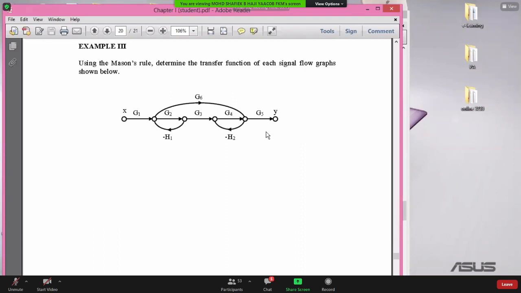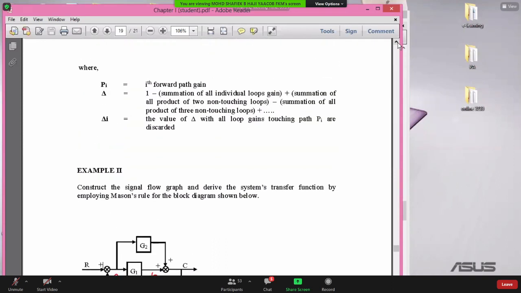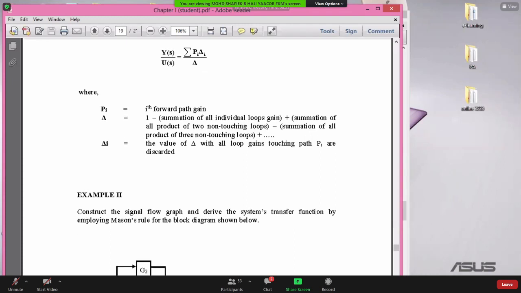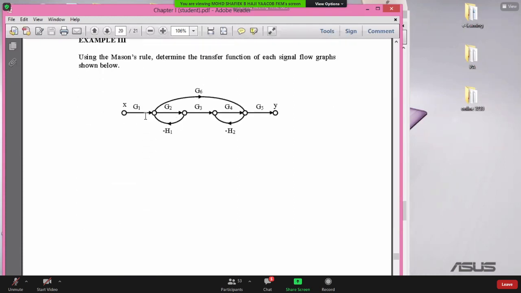Delta 2 also, when you want to compute delta 2, you must drop all the loop gain that touches P2. This is Pi here. When i is equal to 2, you need to drop all the loop gain that touches P2. So in this case, again, both loops share a common node with P2. So this is P2, G1, G6, G5.